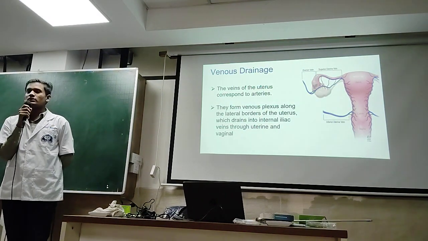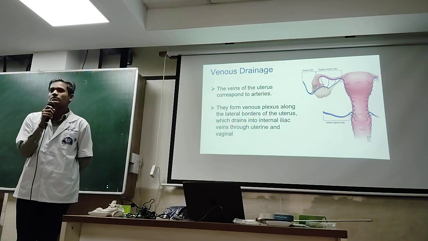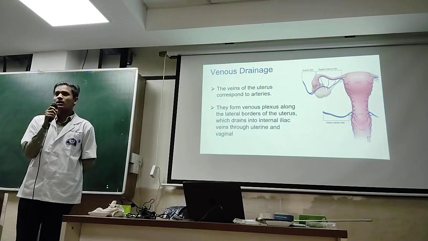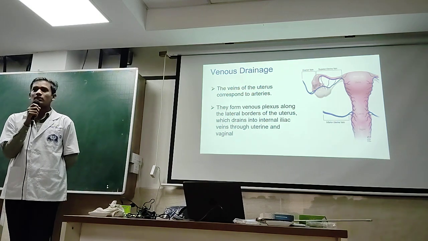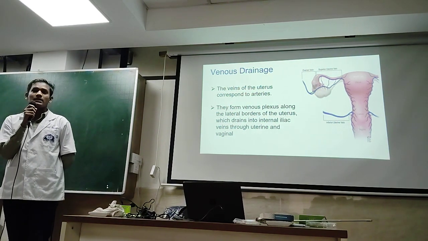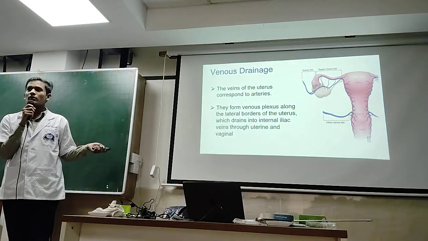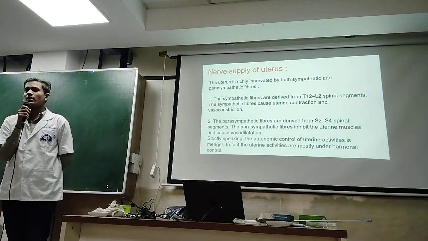The venous drainage of the uterus is mainly by the venous plexus, which is formed by the uterine and ovarian veins lateral to the uterus, and it drains into the internal iliac vein. The nerve supply of the uterus is sympathetic and parasympathetic.